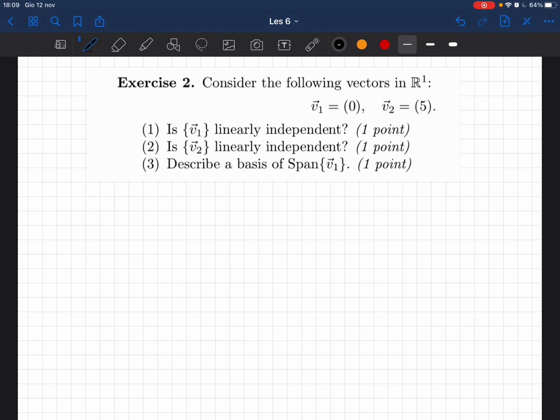So you just have to apply the definitions. Just remember the definitions here, and not panic. Just think a little bit. So, is this first one independent? This is the zero vector, so no, it is the zero vector.